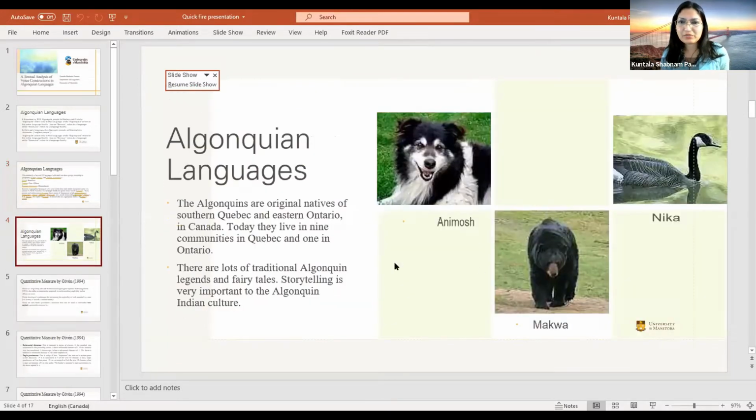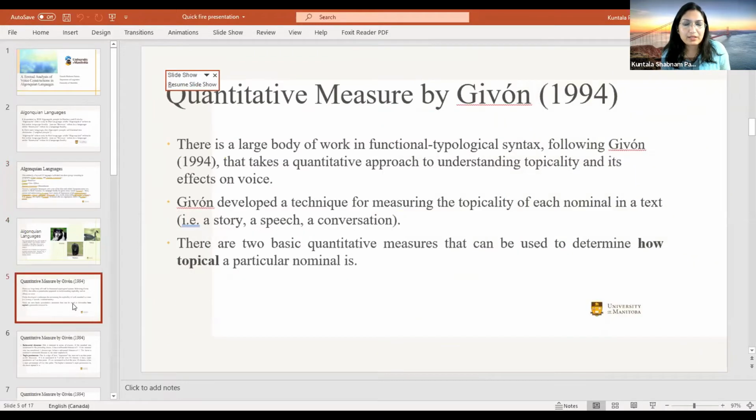These are just a few of the vocabularies that I thought of giving the pictures of, from the Algonquian language. So as you can see, dog, bear, and duck, they have different vocabularies naturally. So this is the example. So in my research, we are thinking about using Givon's quantitative measure, which he introduced in 1994.